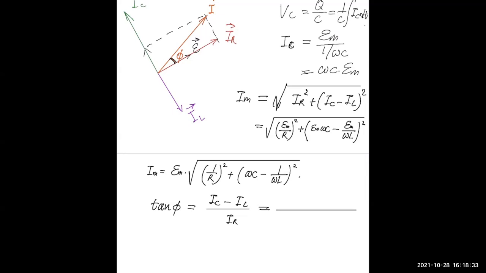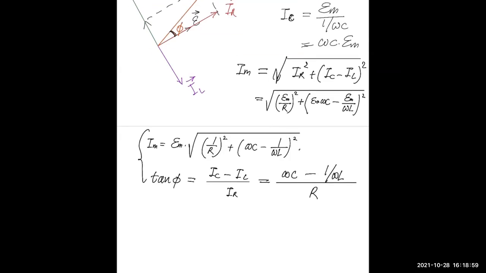You can plug in the numbers. IC goes like 1 over omega C. Actually, no, it's the other way around. It's in the numerator. So IC goes like omega times C and then epsilon maximum, but that's going to cancel out, minus 1 over omega L, and then divided by 1 over R. Okay, so that's the result. I have found the resultant current.